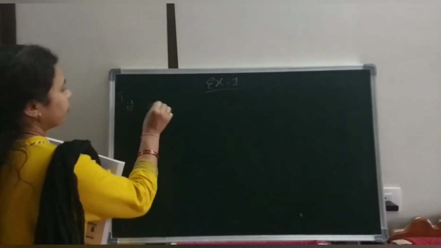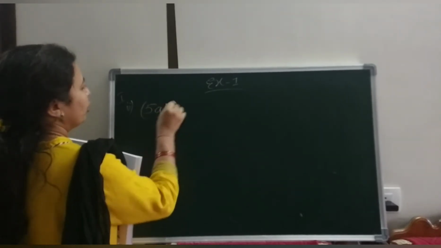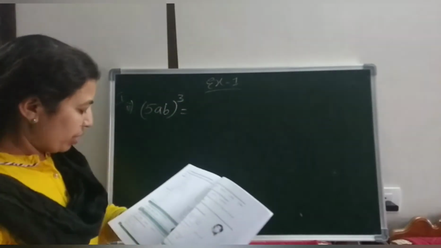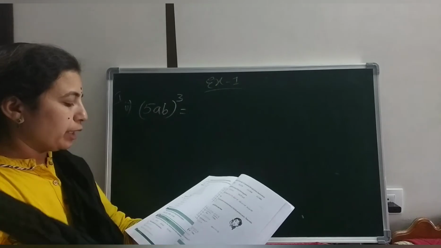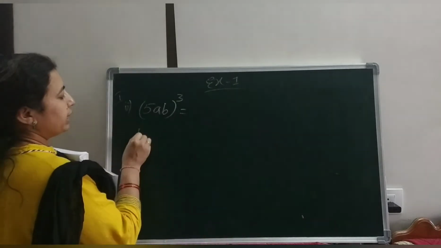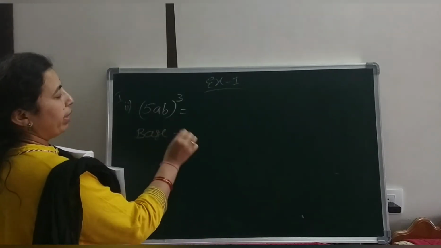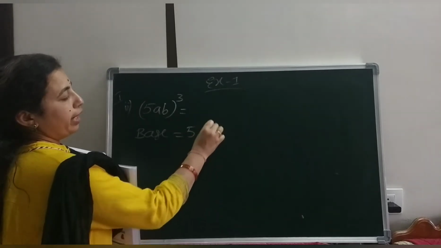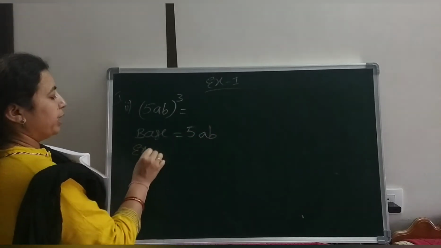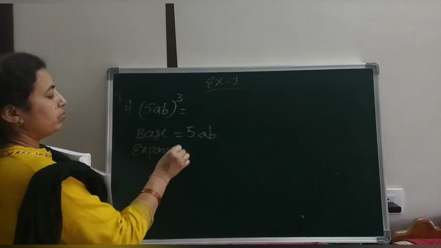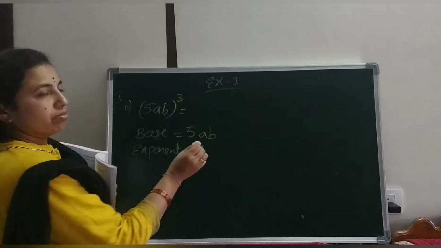I'll do the third bit, third question. 5ab whole cube. What you have to do here? Write the base and exponent in each case. What is the base here? The base is the total, 5ab is the base. And the exponent is 3.